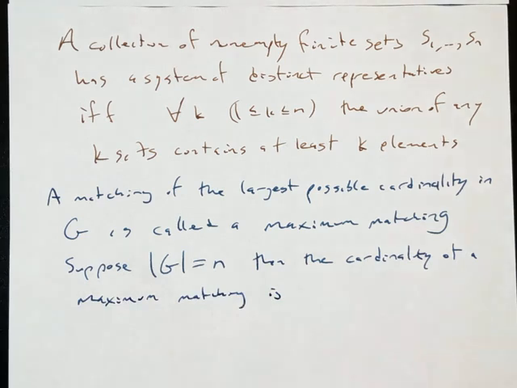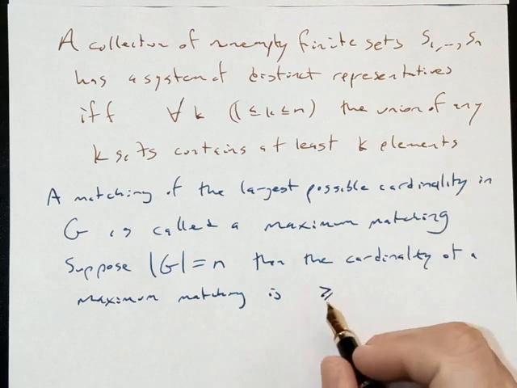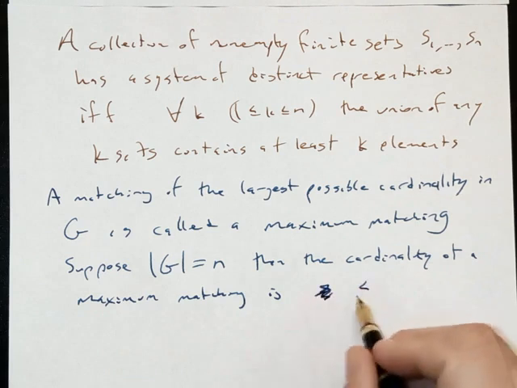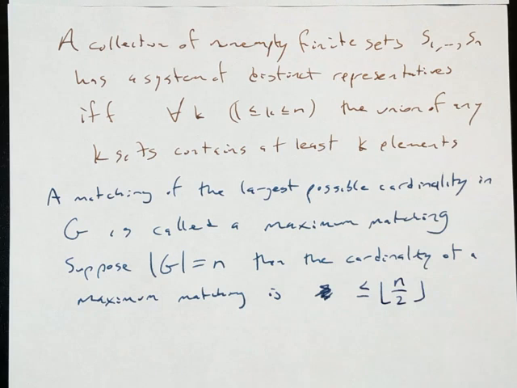At most n over 2, right? And since n could be even or odd, I'm going to have to round down. So it's less than or equal to floor of n over 2. If n is even, 2k, then it'll be k edges. If n is odd, 2k plus 1, it'll be k edges.